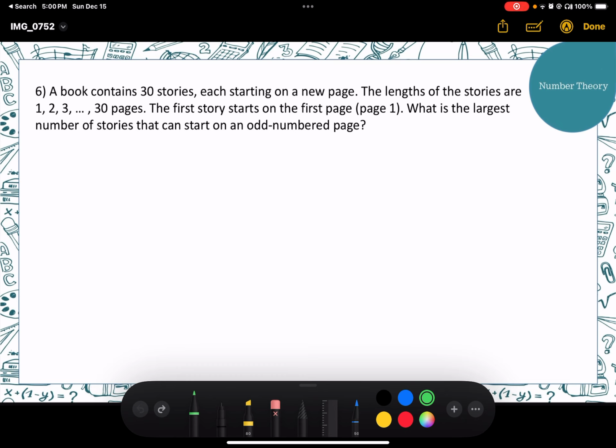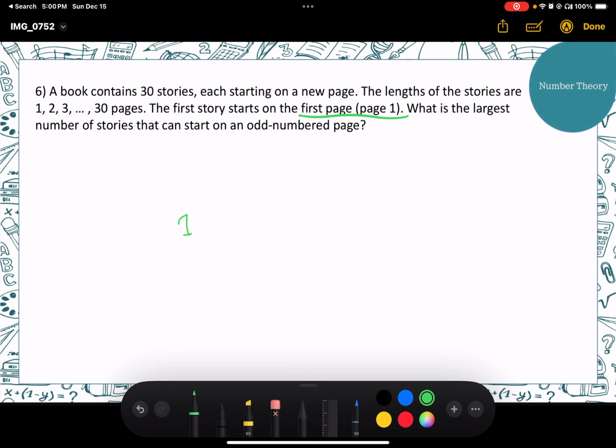So here's one thing everyone should know: if you have an even plus an odd number, that's always going to be an odd number. So if I have 2 plus 3, it's going to be 5, which is odd. So that's something we should remember. And so in this case, let's just say the first one starts on page 1, right? And what we'll do here is we put every even number first.